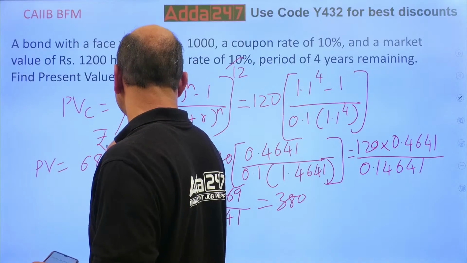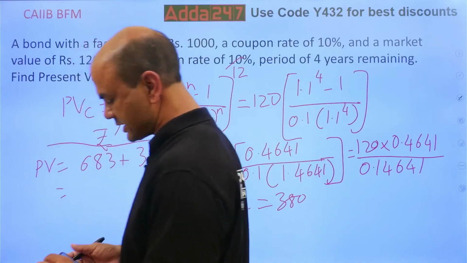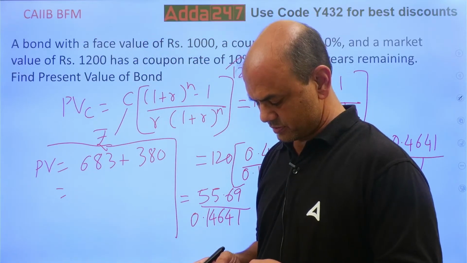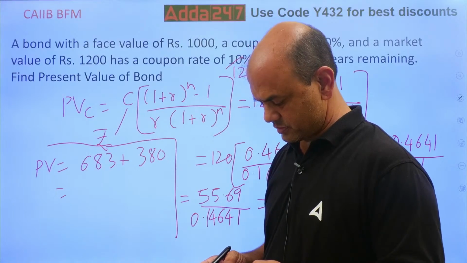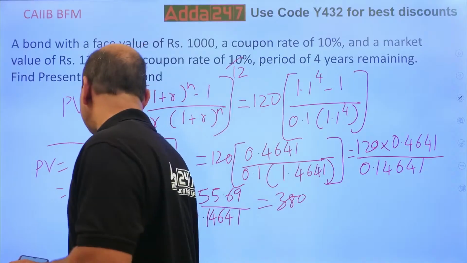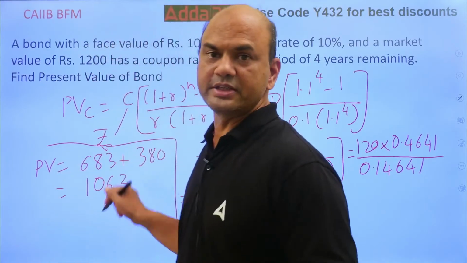Now get the answer. 683 plus 380. What are you getting? 1063. Okay. So this is your present value of the bond.